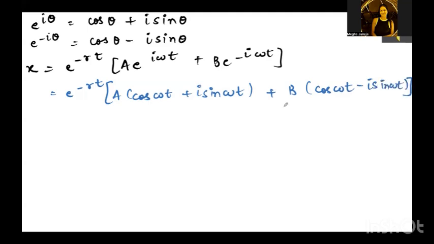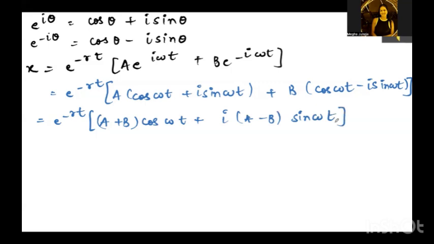Okay. So अब यहाँ से हमें क्या पता लगता है? So from here we can, on rearranging also, we can rewrite it like this: e raised to the power minus of rt, a plus b cos of omega t plus iota a minus b sin of omega t itself. ठीक है. अब यहाँ पर a plus b किस, हम बोल सकते हैं that okay it's going to be constant, and since ये constant है, so let's consider it as x naught sin phi.